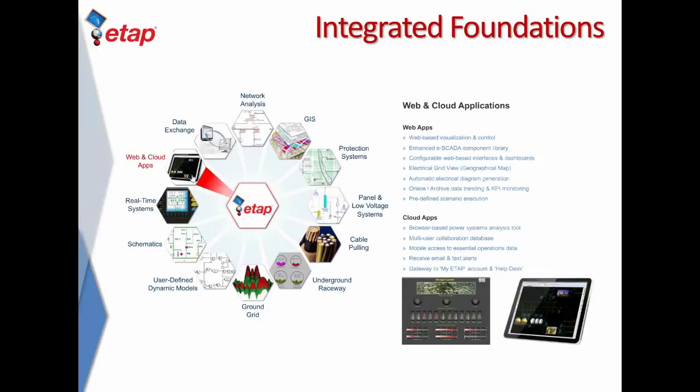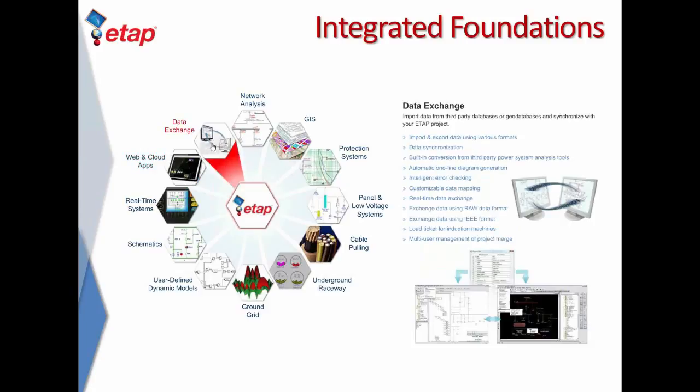The same information can be visualized using web applications such as your web browser. In fact, you can also even run certain scenarios directly from your web browser without actually having the ETAP application open, so it gives you a lot of flexibility.